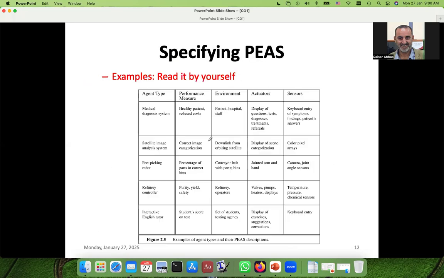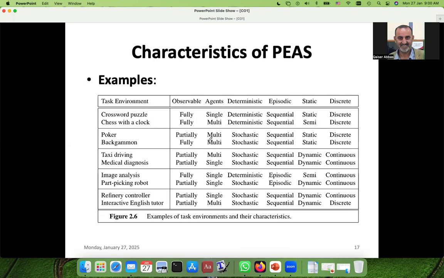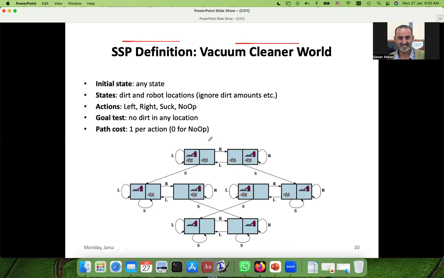Okay, now you can come back here. Because now you have a background, you have to assume the same vacuum cleaner problem that you have studied before, and take the same information from it.